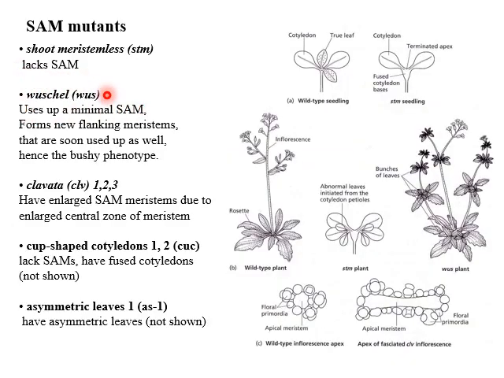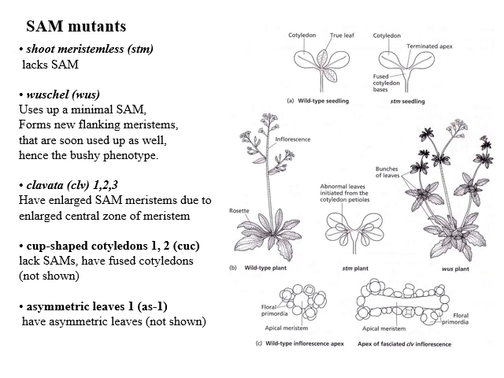Bushveld is German for bush, and it looks a little bit bushy when it grows up into a plant like this. So it's a little bit strange. It has a rosette of leaves, but then instead of making just single leaves at the flank of the inflorescence like this, it makes bunches of leaves, other sorts of rosettes and bunches of leaves here, and occasionally also makes flowers like this.